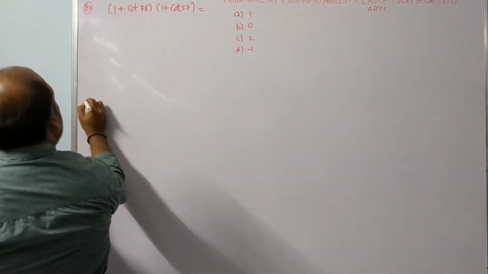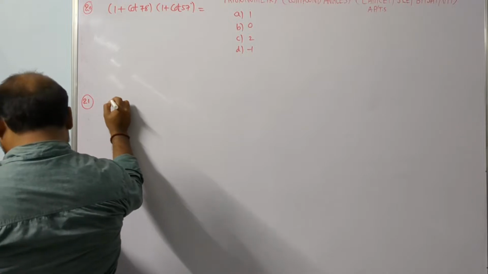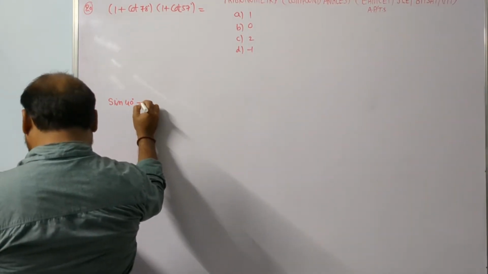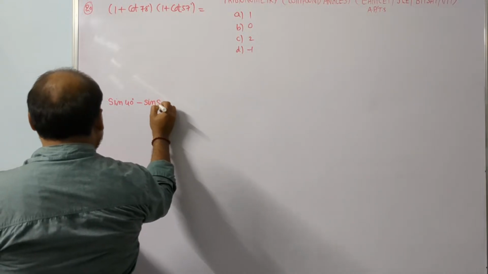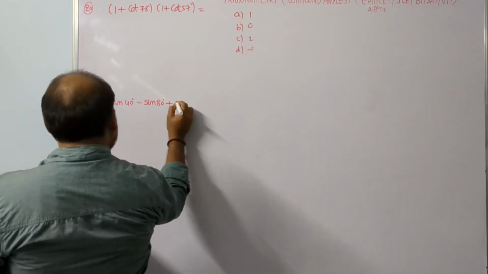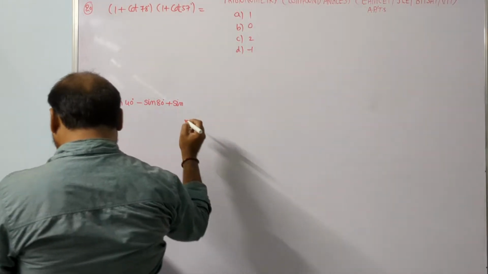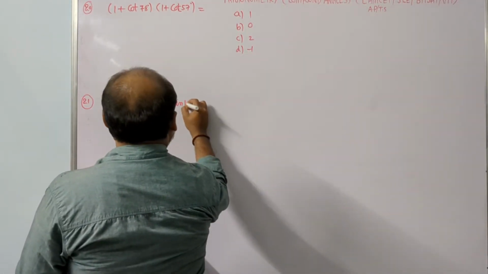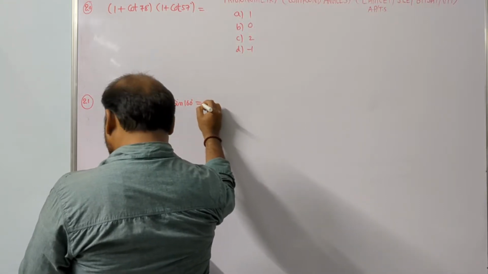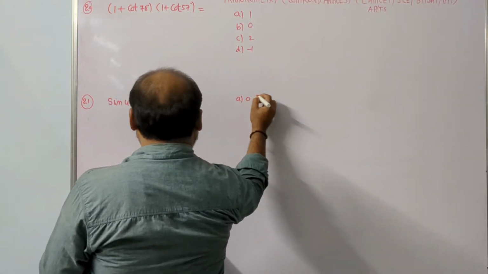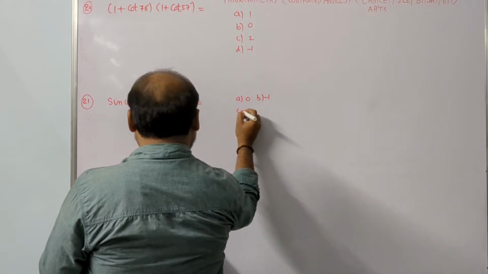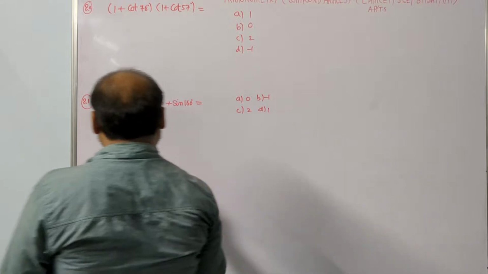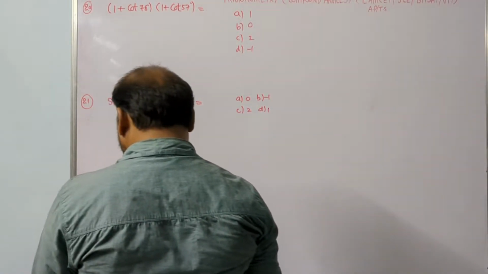Next, question number 21: sin 40 minus sin 80 plus sin 160 is equal to, options 0, minus 1, 2 and 1. We can write it yesterday.